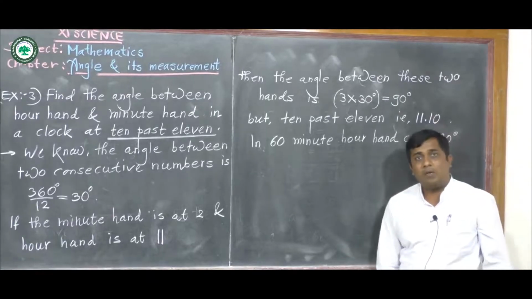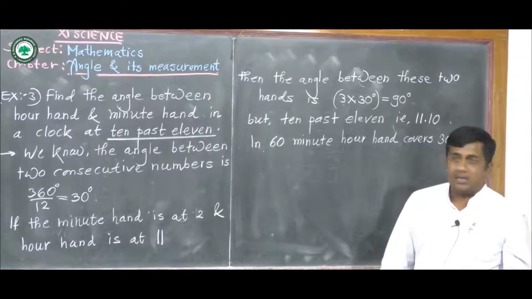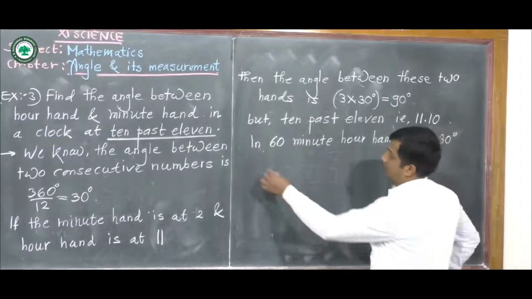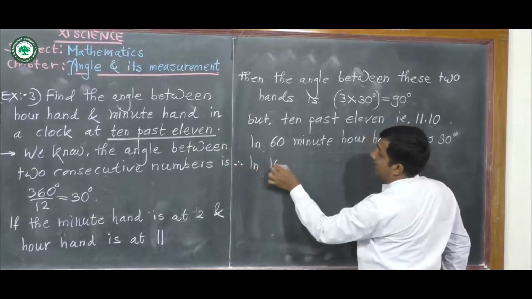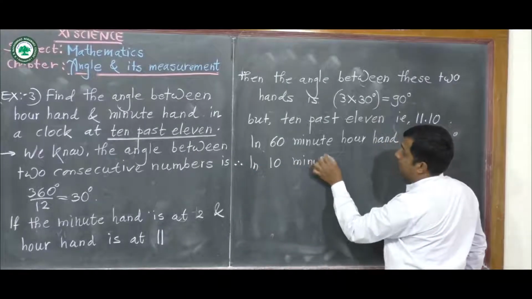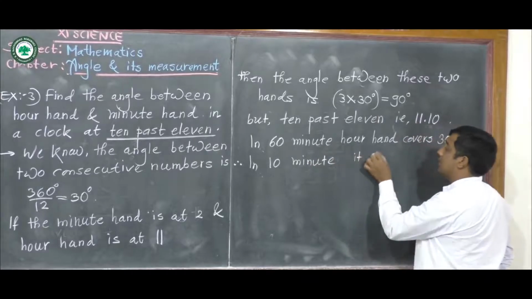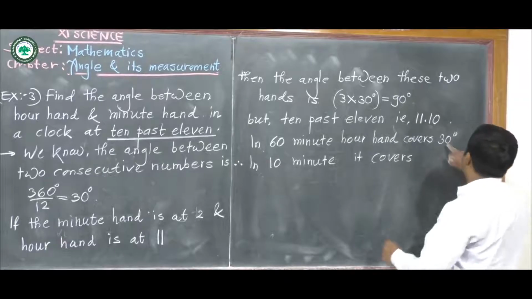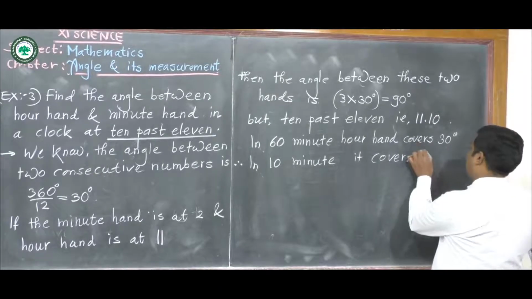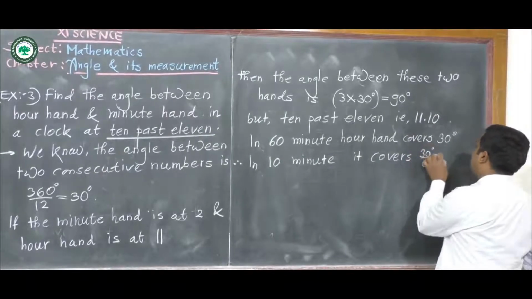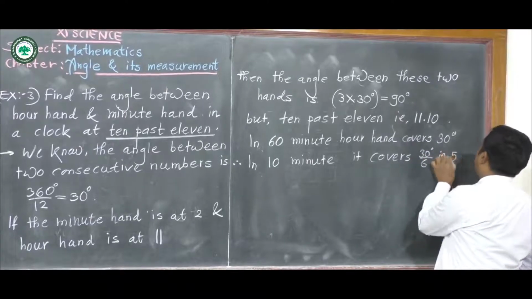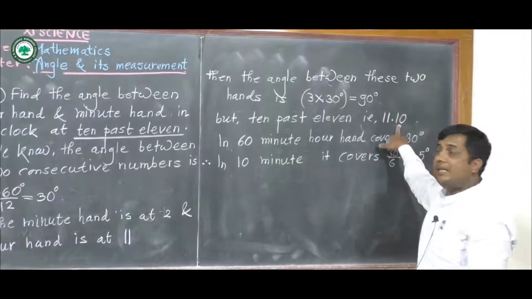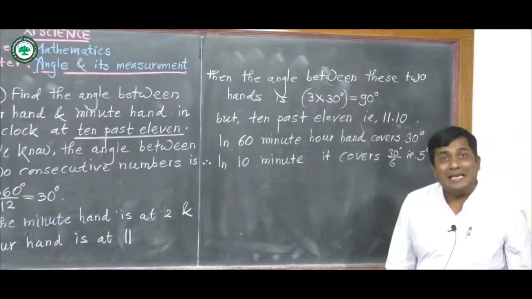In 1 hour it is 30 degrees. So for 60 minutes it is 30 degrees. Therefore in 10 minutes, it covers 30 degrees upon 6, that is 5 degrees. So for the given 10 minutes, it covers 5 degrees.